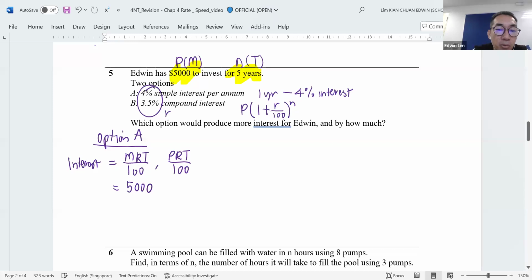R is talking about rate, so it's 4%, so I'll just write 4. And lastly, multiply by T, that is the time, divided by 100. 5,000 multiplied by 4, multiplied by 5, divided by 100. I will get 1,000 interest. This is for 5 years.